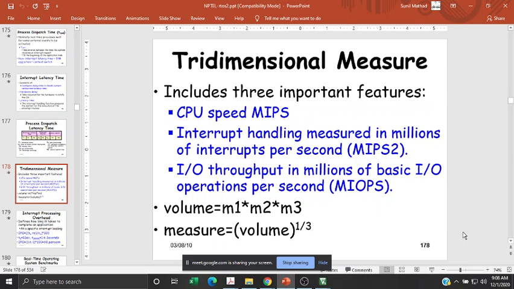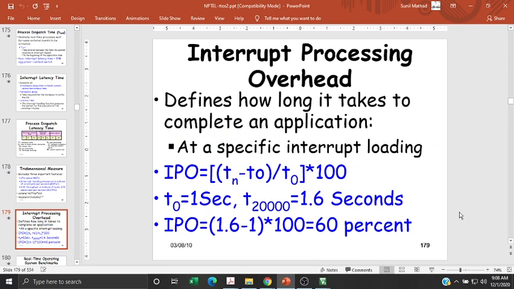Other than that, the OS should also be able to process, or we look at how much overhead there is with respect to interrupts: interrupt processing time or high interrupt processing overhead. If T0 is considered the computation time or processing time of a particular task without any interrupts, and Tn is the time with so many interrupts. Say in this example he's taking within 1 second there are 20,000 interrupts happening.